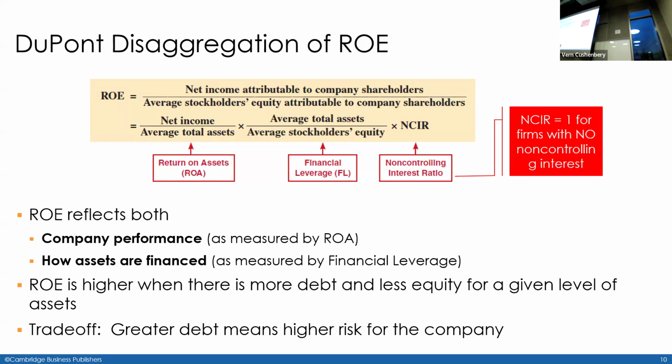They're almost all less than 1%. So, what is the likelihood that if this number is less than 1%, it's going to affect any decision that you're making with this debt? Very, very low. So unless you have a significant non-controlling interest, you can just forget about that little tail right there.